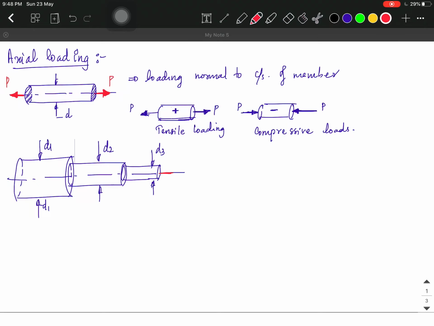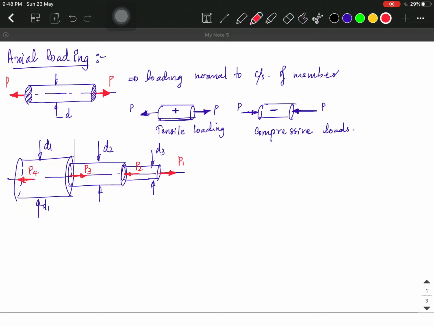Then, as we already mentioned, we are providing axial loading. We apply some load P1 over here, some P2 load over here, and some P3 load like this, and at this point it is subjected to some P4 load.